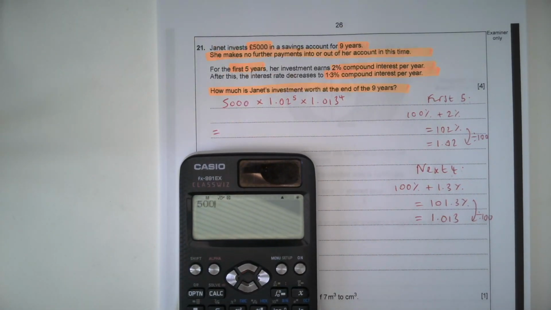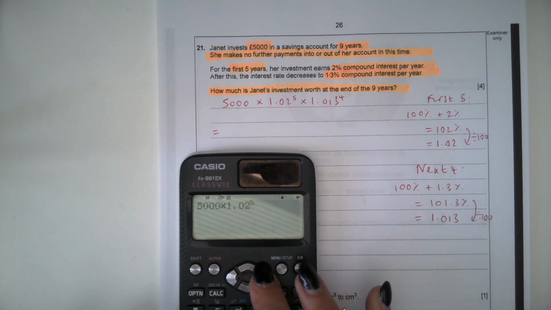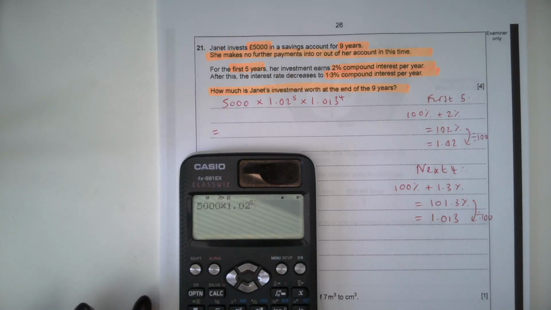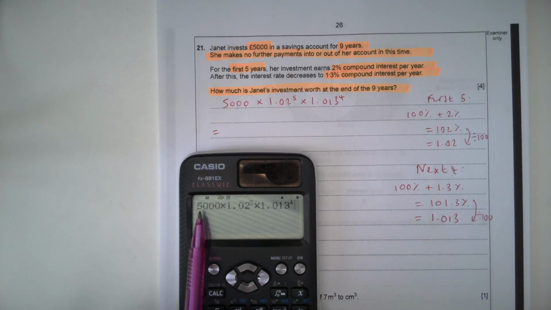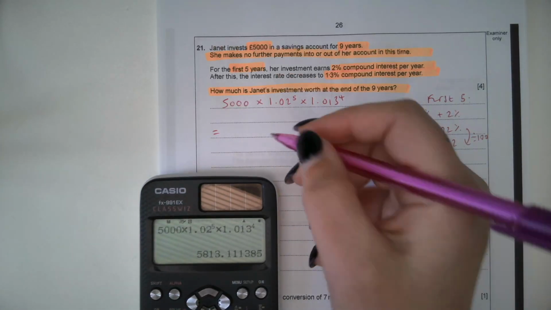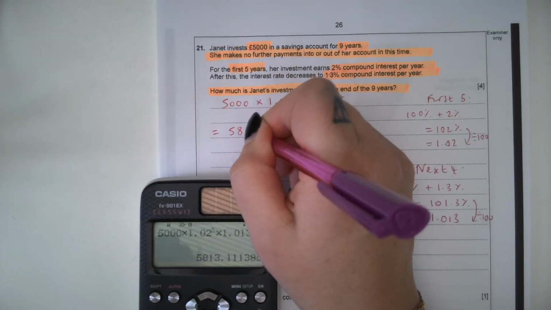So 5,000 multiplied by 1.02 to the power of 5. Arrow out of your power, guys, so that you can then multiply by 1.013 to the power of 4. Just check I've put everything in right. We know that I make mistakes when I enter it in my calculator. Press equals. That's £5,813.